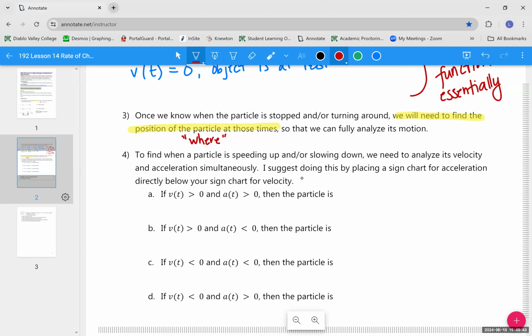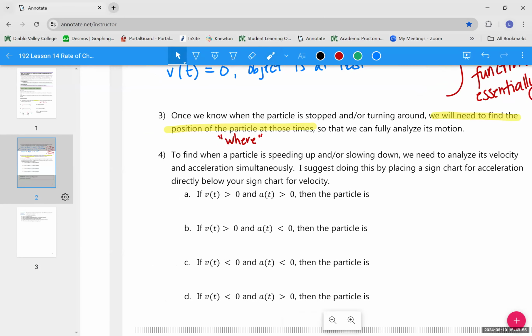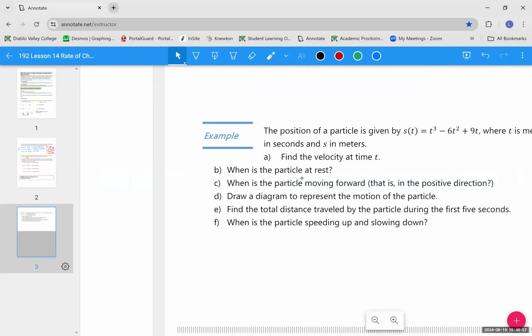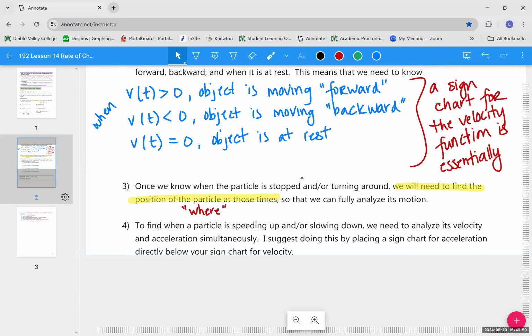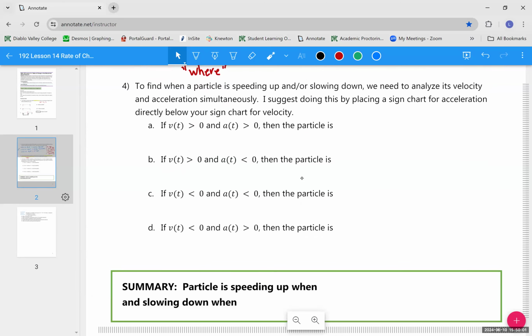So you'll have some points from the above place where the velocity is zero, and you're going to want to plug those into the position to figure out where they are when those turns are happening, or those shifts in direction.